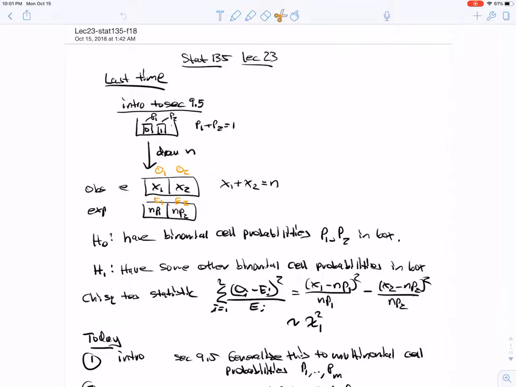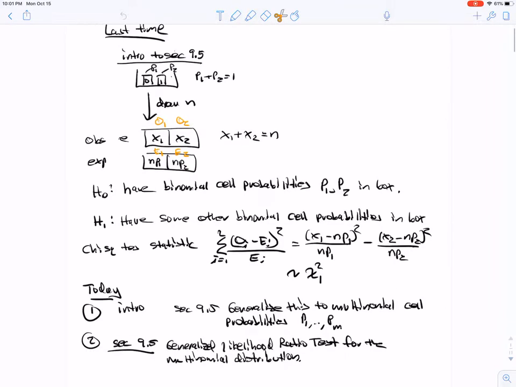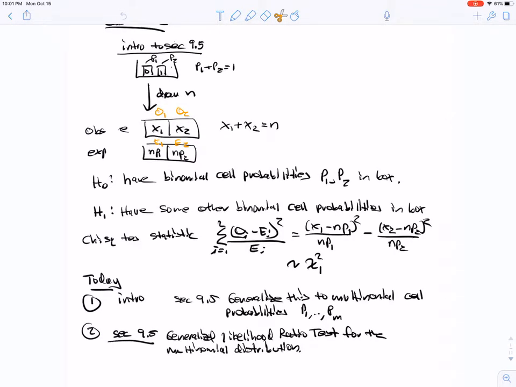Last time I gave an intro to section 9.5, where we had a box with two types of tickets, say a 0-1 box, 0 with probability p1 and 1 with probability p2. p1 plus p2 is 1. We draw n tickets with replacement, and we form an observed and expected table.